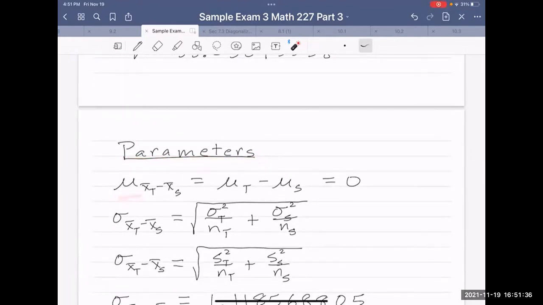The mean for the sampling distribution of the difference of these two sample means is the difference in their population means, which by the null hypothesis is assumed to equal 0.